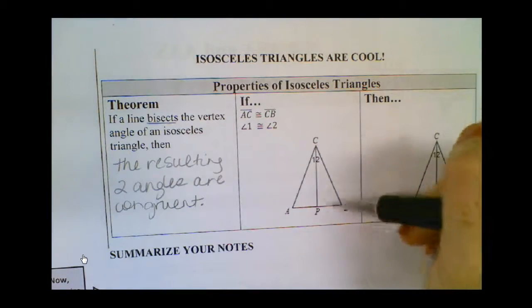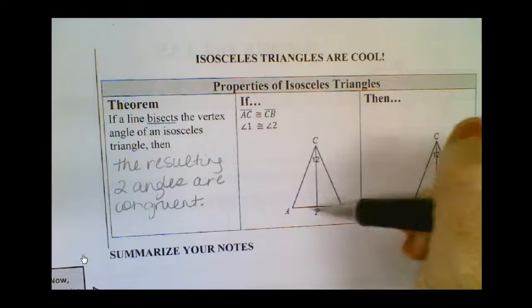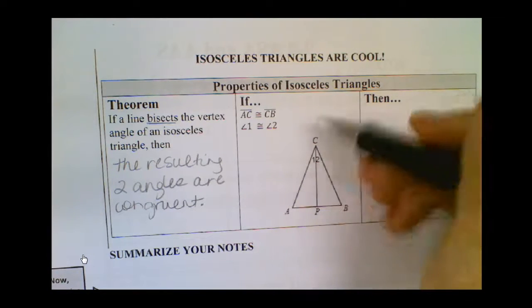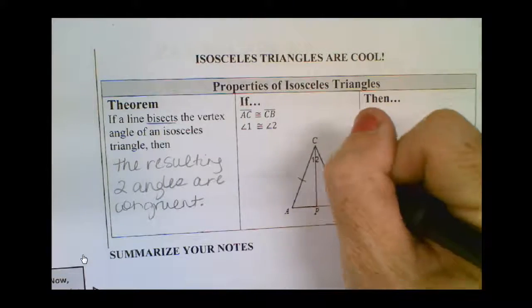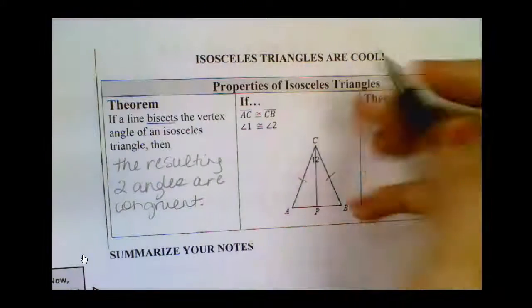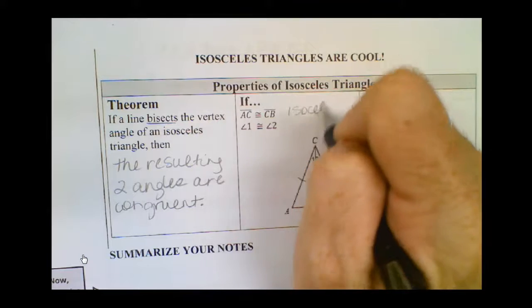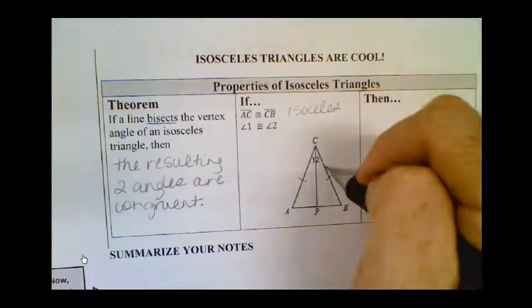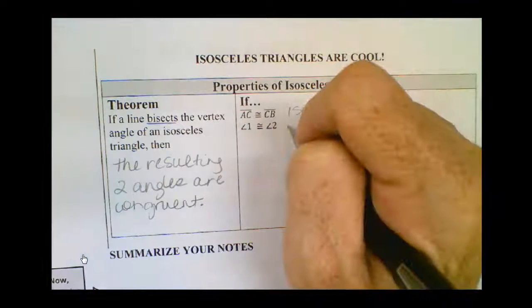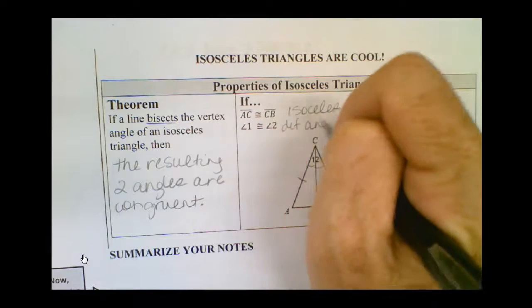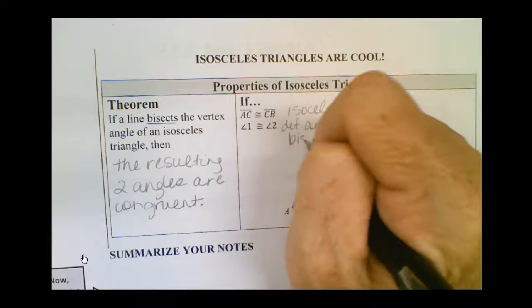So in our triangle here, we have that AC is congruent to CB, which makes it isosceles, right? So angle 1 has to equal angle 2 because that is a definition of an angle bisector.